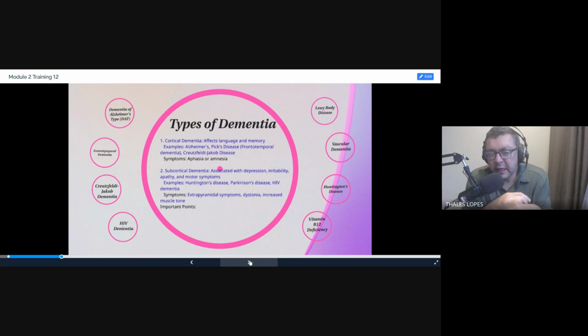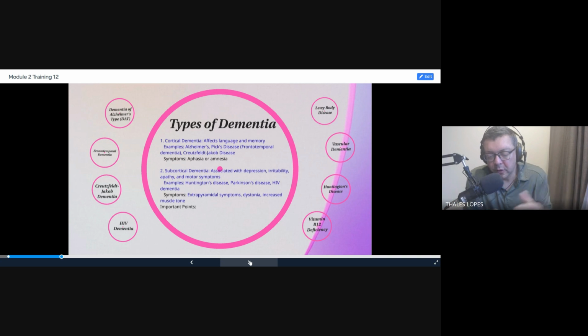When we say language, we can also say aphasia, for example. That's a type of language problem. And when we say memory, we can say amnesia as well. So if you hear the phrase aphasia and amnesia, most likely this is a cortical type of dementia.